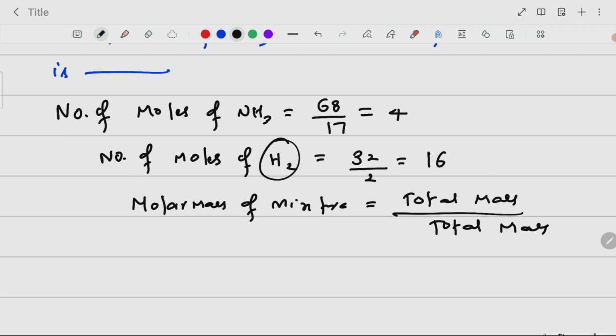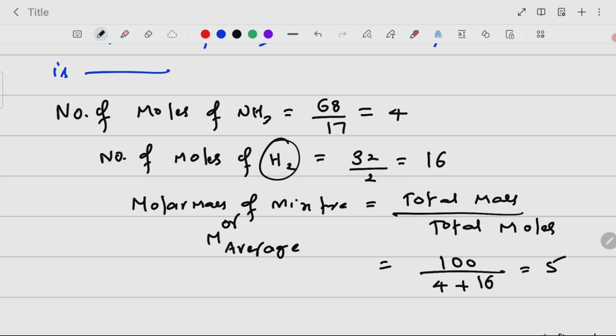You can also write it as average molar mass. Both are correct. Total mass we know is overall 100. And total moles: 4 plus 16, which is 20. So 100 by 20 gives 5.